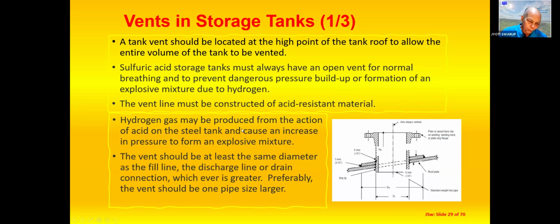So hydrogen gas may be produced from the action of acid on the steel tank and cause an increase in pressure to form an explosive mixture. The vent should be at least the same diameter as the fill line, the discharge line, or the drain connection, whichever is greater. Preferably, the vent should be one pipe size larger.